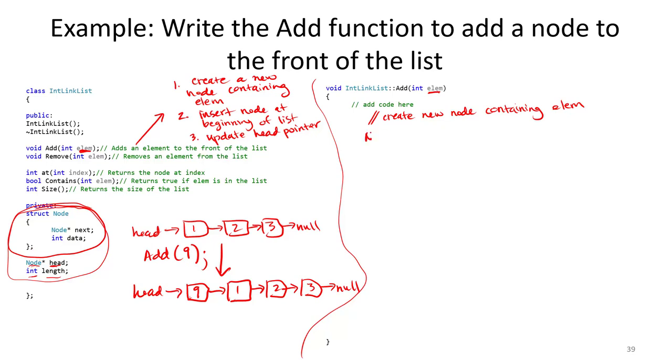So I'm just going to call it node star node to insert. And I'm going to make that new pointer point to a new node struct. So now I have just created that node to insert pointer that points to a new node.